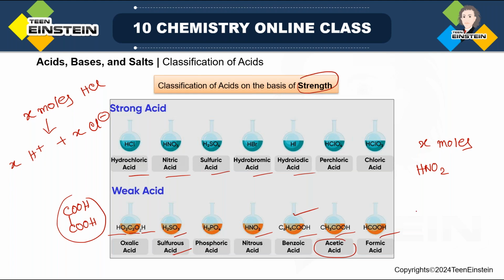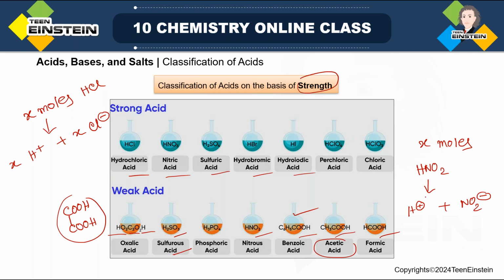Suppose 10% or 2% or 5% of X is dissociated. So it is not that all the molecules present in X moles of HNO2 will be dissociated to H plus and the anion, nitrite ion NO2 minus.